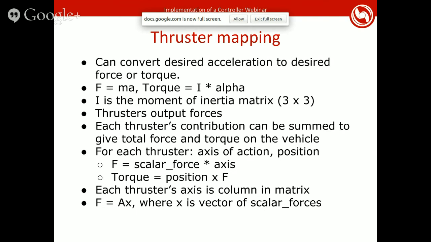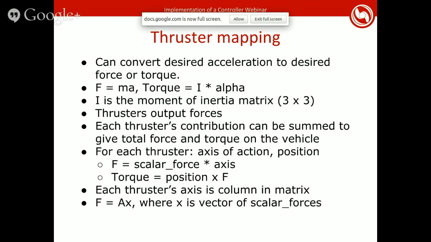And then the output will either be a 3-dimensional vector, which is just force or just torque, or a 6-dimensional vector, which is force concatenated with torque at the end. So that's nice. You can calculate what the forces on the sub are, given a set of thruster forces.